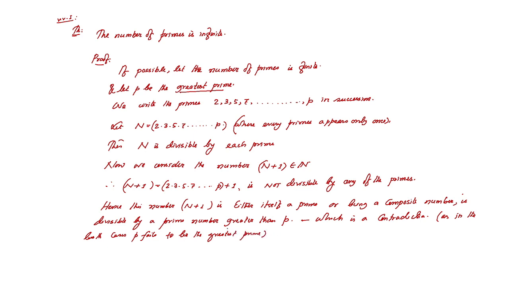That's why it is a contradiction. Why does the contradiction appear? Because we assumed the number of primes is finite. Therefore, our conclusion is that the number of primes is infinite.